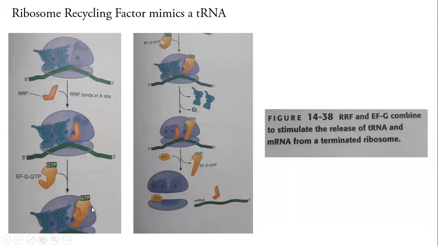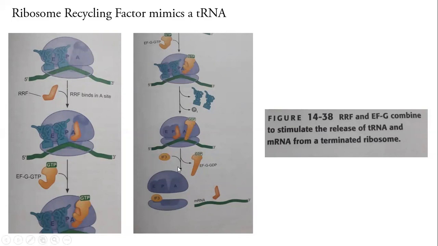When elongation factor G binds at the factor binding site, it basically pushes the E site and P site tRNAs, so that these tRNAs are removed from the ribosomal translation machinery. By this push, the ribosome recycling factor is transferred to the P site and the E site, and in the A site the EFG changes its conformation, so that the GTP is hydrolyzed, and EFG bound GDP occupies the A site.